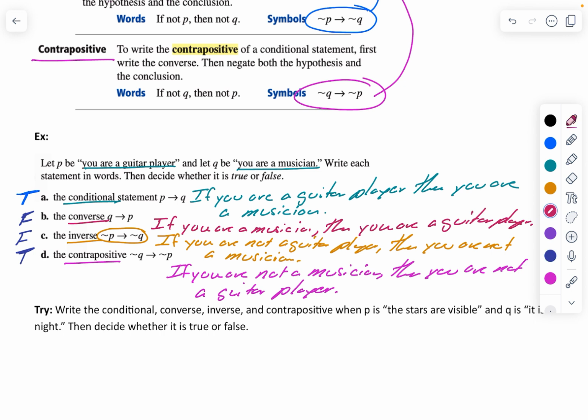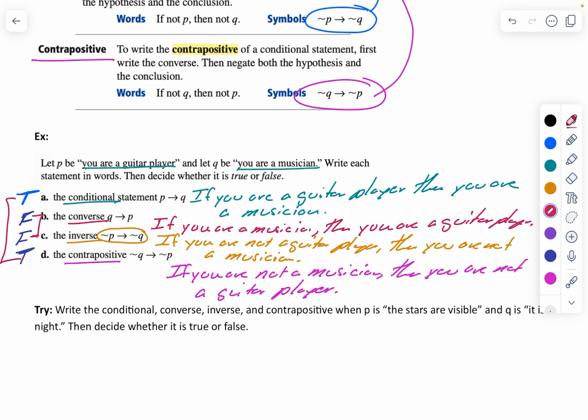So I want you to notice the conditional and the contrapositive are both true. And then the converse and inverse are both false. When everything's true, like for a definition, we talked about the biconditional yesterday and everything was true.